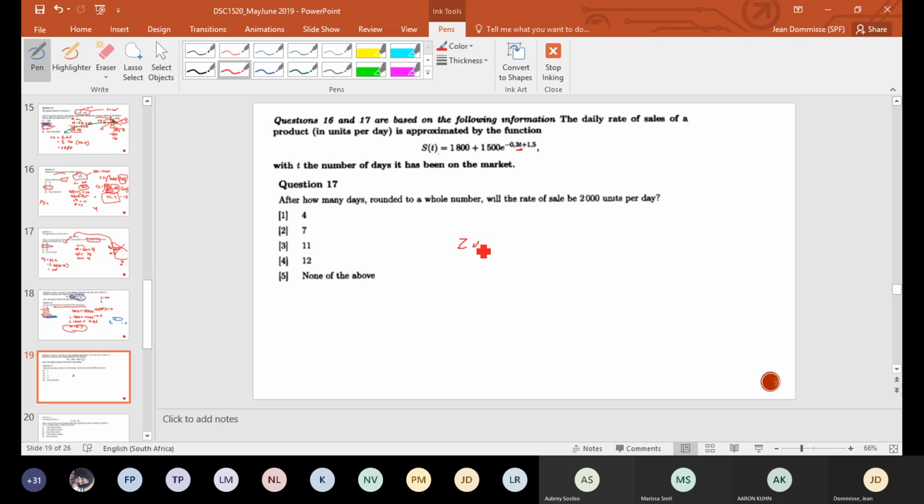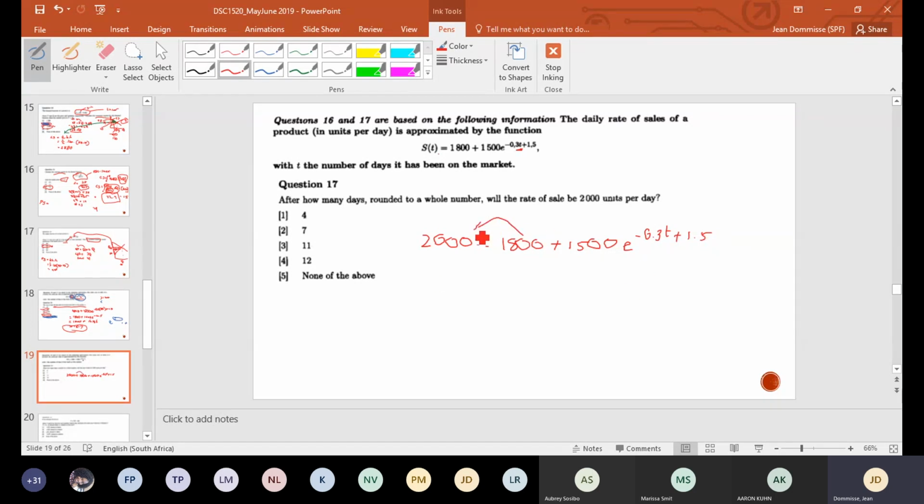So you need to say 2000 is equal to 1800 plus 1500 e to the power of 0.3t plus 1.5. So obviously a calculator would have made it much easier to work that out.